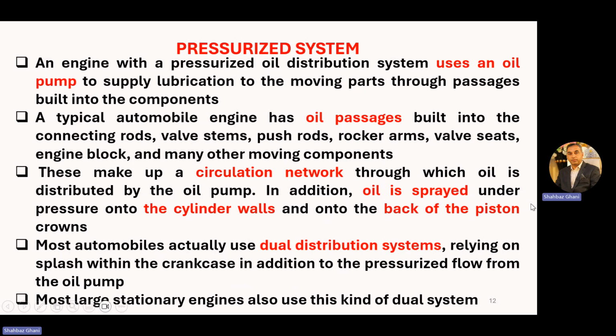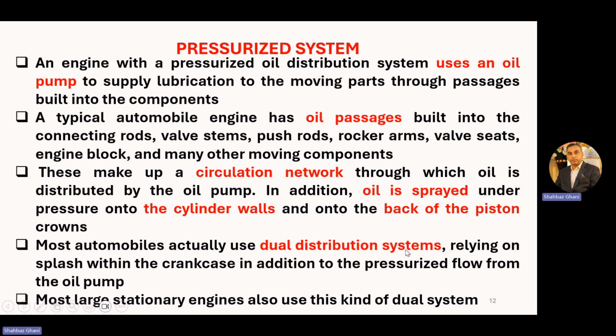In addition, oil is sprayed under pressure onto the cylinder walls and onto the back of the piston crown. So besides these circulation networks, the oil is also sprayed on the cylinder walls so that the piston and cylinder walls are lubricated, and onto the back of the piston crown so that the piston crown should not heat up.